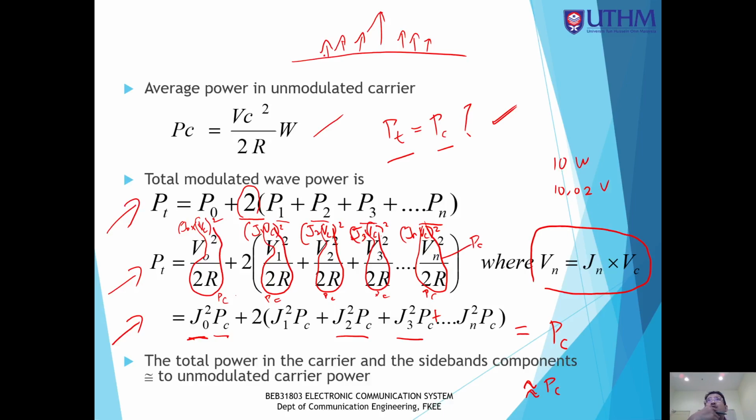The question also asks you to compare with the unmodulated carrier power, which is Pc. So you might need to show how much difference there is between the unmodulated carrier power and the total power produced with the long equations. Okay, so that's about the final exam later.